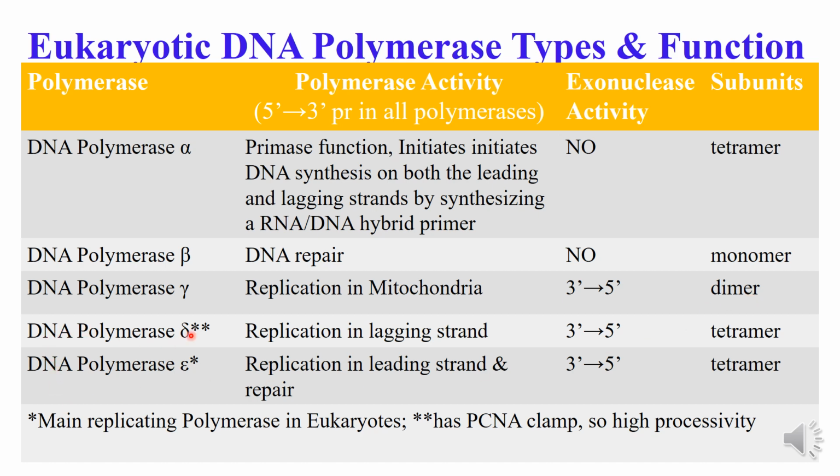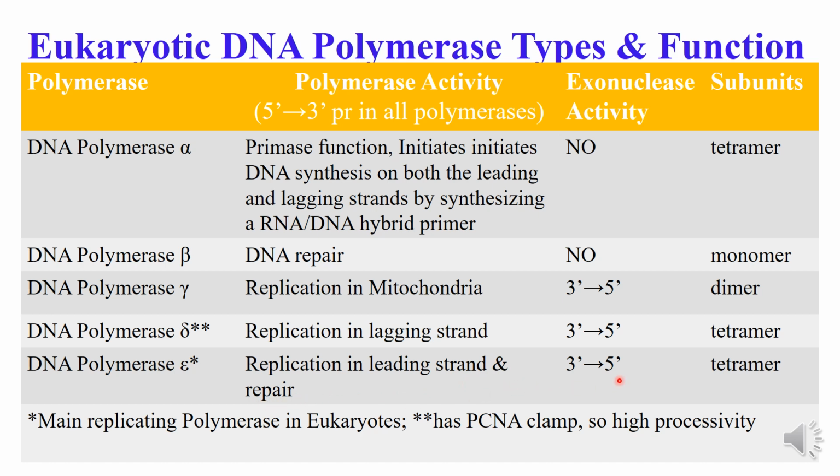The DNA polymerase delta is the enzyme for replication in lagging strand, and it has 3' to 5' exonuclease activity. It is tetrameric in nature. The DNA polymerase epsilon is the enzyme for replication in leading strand, and it also repairs DNA.